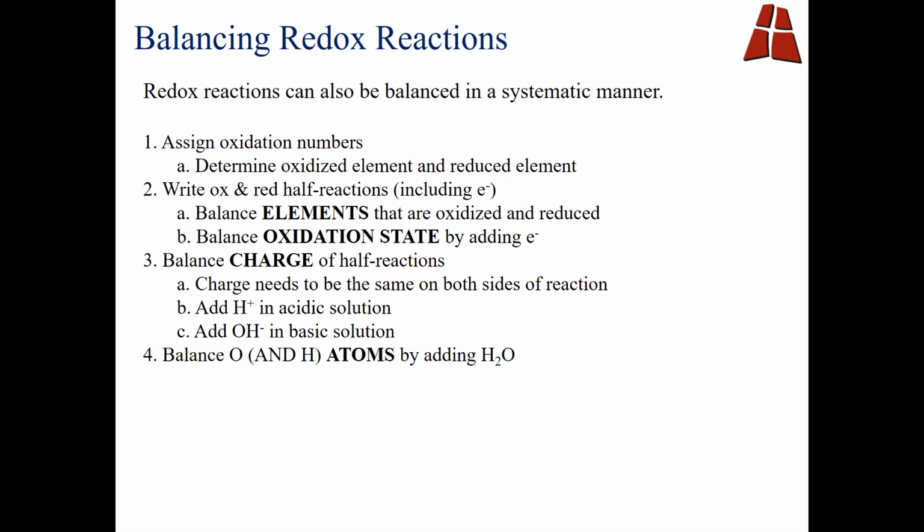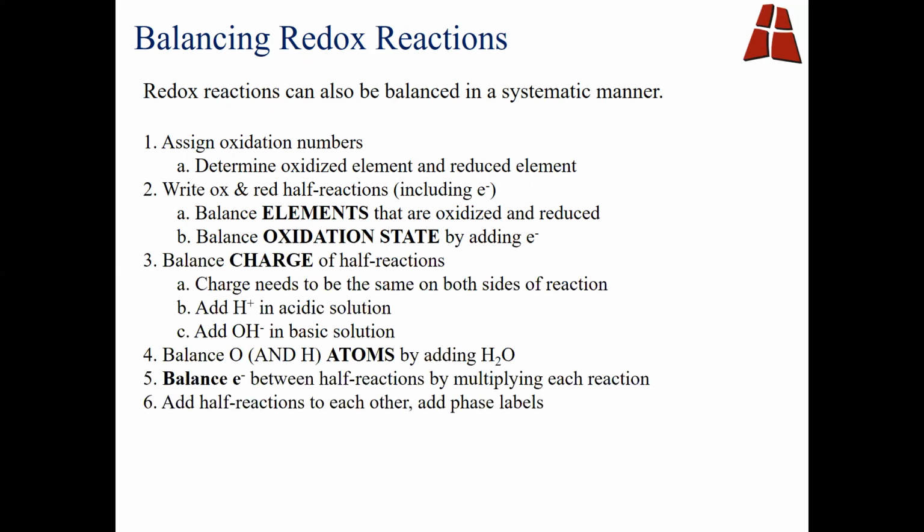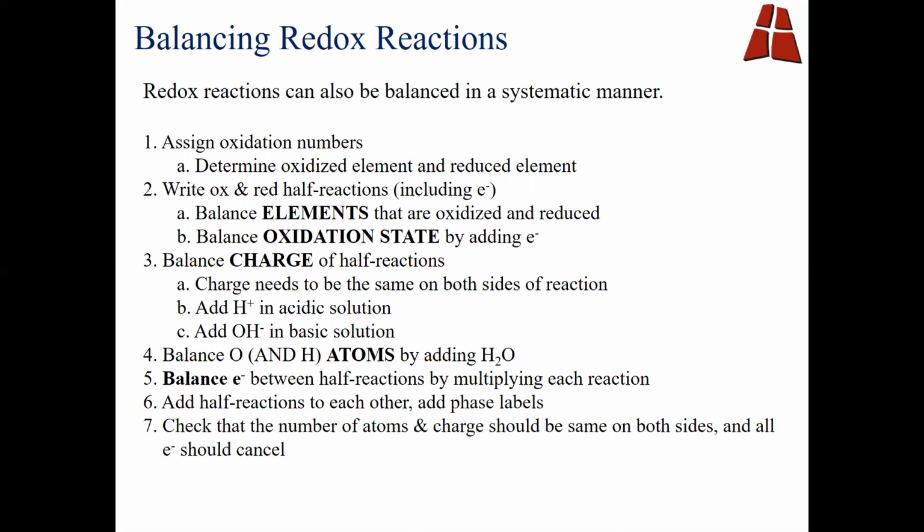Next, you would balance any oxygen atoms, and with that hydrogen atoms, by adding water. And then number 5, you'll want to balance the electrons between the two half reactions. They might have different numbers of electrons, in which case you need to balance those. And finally, add the two half reactions together and add any phase labels as well.